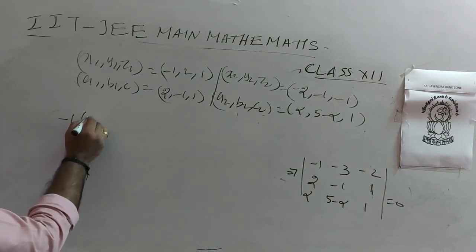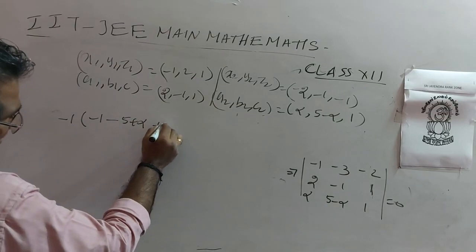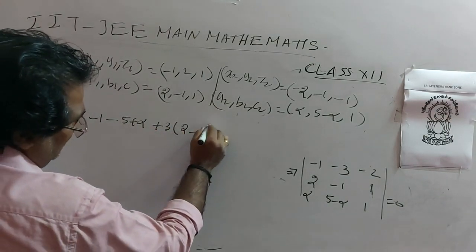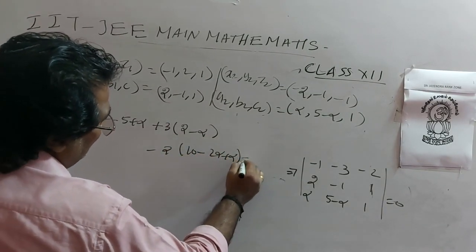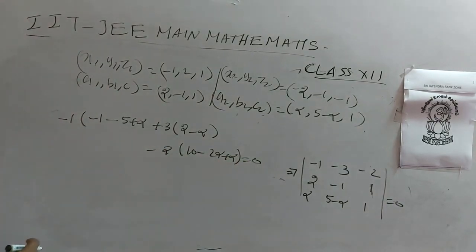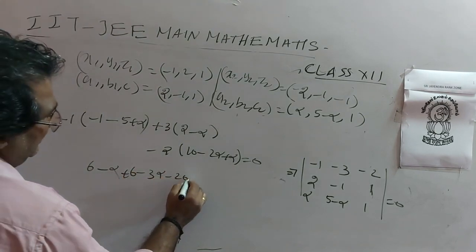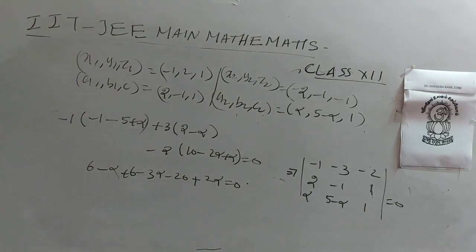So -1 into (-1 - 5 + alpha) + 3 into (2 - alpha) - 2 into (10 - 2 alpha + alpha) equals 0. Just expand: 6 - alpha + 6 - 3 alpha - 20 + 2 alpha equals 0.